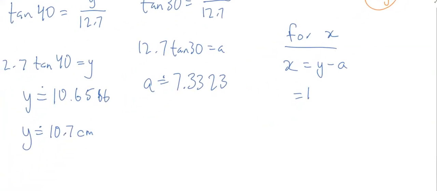And I'm going to use those 4 decimal place numbers, 10.6566 minus 7.3323. And I got 3.3 centimeters rounded to 1 decimal place.